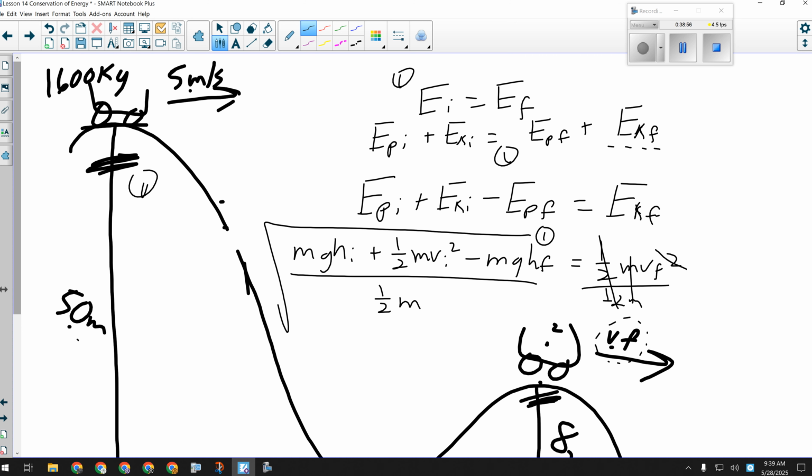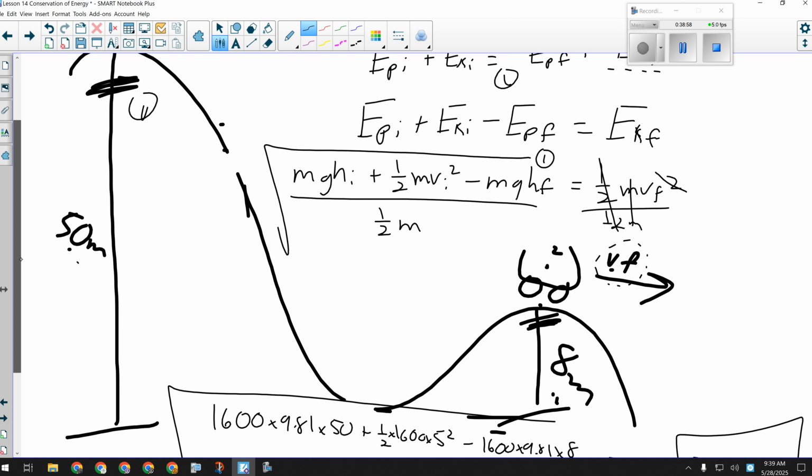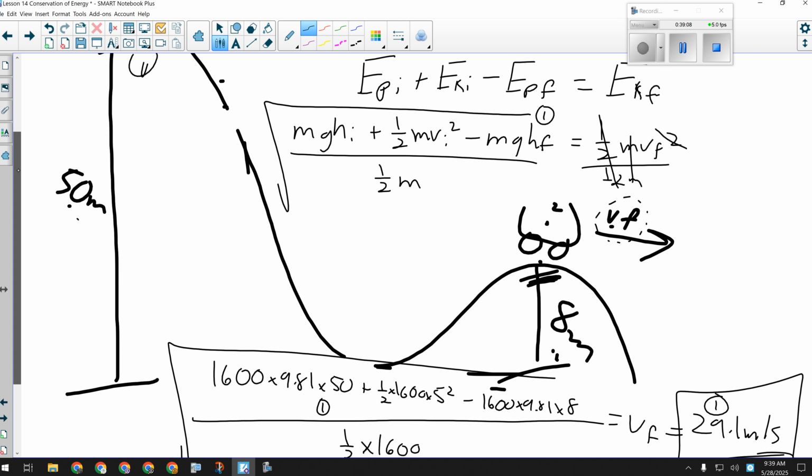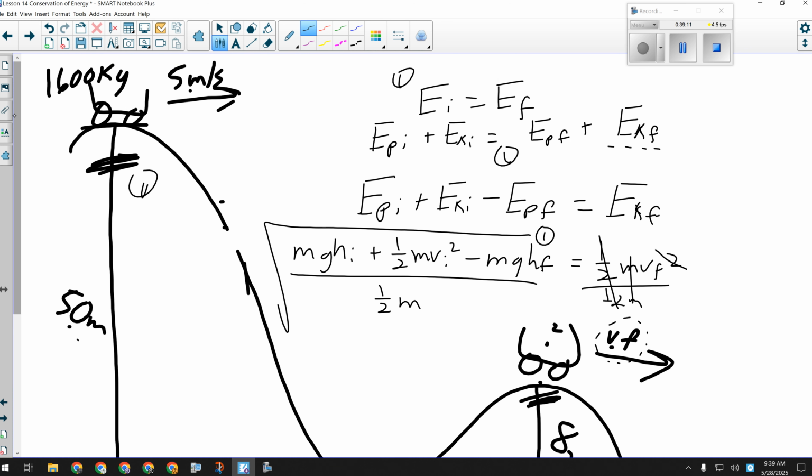You'd get a mark for plugging in your numbers, that would be 5, and then you'd get a mark for your final answer. That would be 6. Occasionally I get silly generous, and I give a mark for like this step 2, and sometimes I get a little silly with how many marks you get. It's probably going to be a 6-mark question. So show your work is the moral of the story.